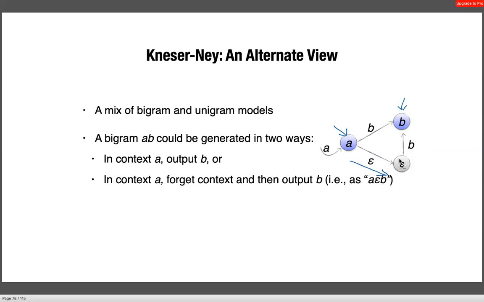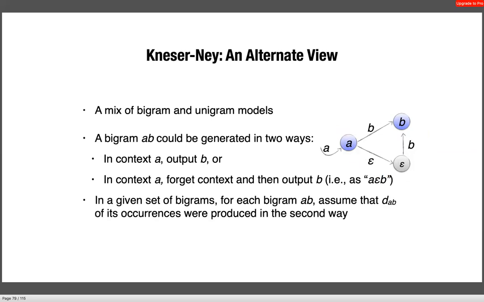So I forget the context A, and then I output B. Okay, so I'm going to denote this path as A epsilon B. For each bigram AB in a given set of bigrams, let me assume that D sub AB of the bigram's occurrences were produced in the second way, where I reach a context corresponding to A, then I forget that context, and then I output B, rather than directly outputting B from the context A.